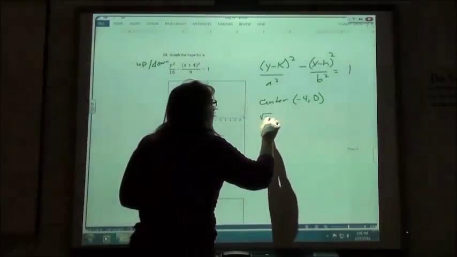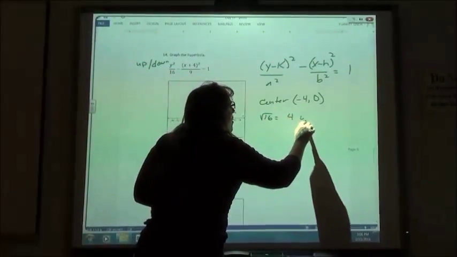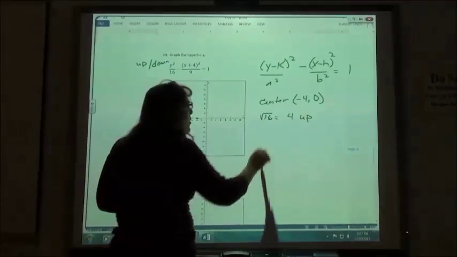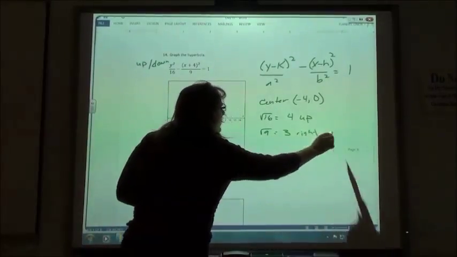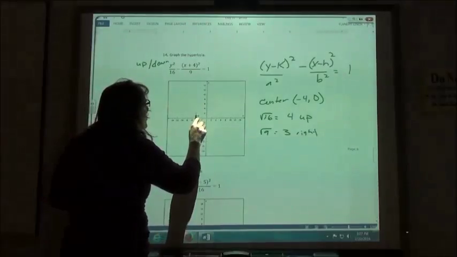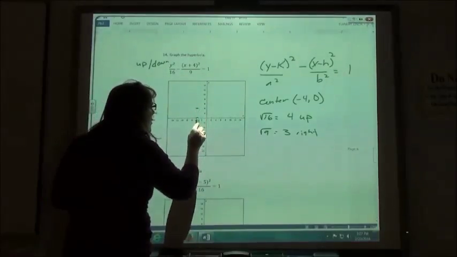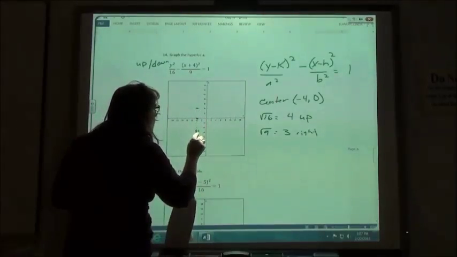Square root of 16 is 4. That's going to be the up or down first. The square root of 9 is 3. That's going to be your right or left. So I'm going to go 1, 2, 3, 4 up, which also is going to show 1, 2, 3, 4 down.